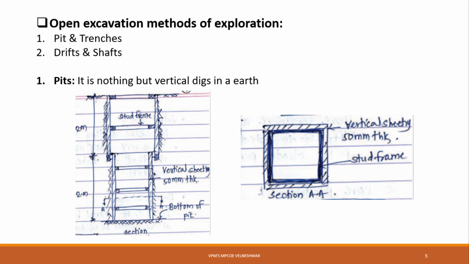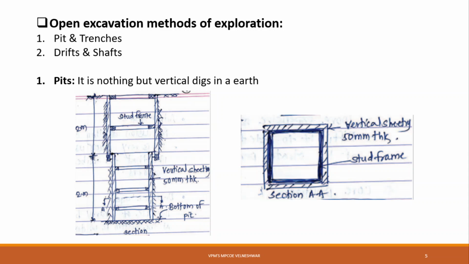Now first, the pit. What is meant by a pit? A pit is nothing but a vertical dig in the earth. We do a vertical excavation in the earth, which is called a pit. Pits and trenches are excavated at the site to inspect the strata. The size of the pit should be sufficient to provide necessary working space, so that any worker can go inside and do the work there.